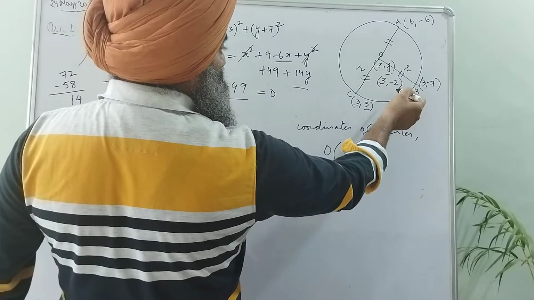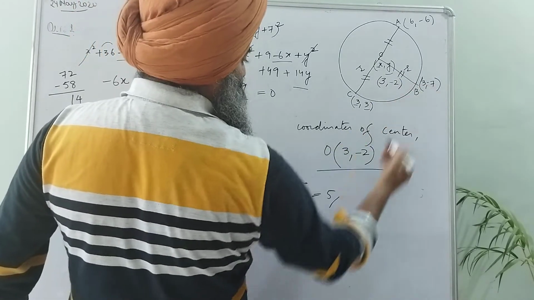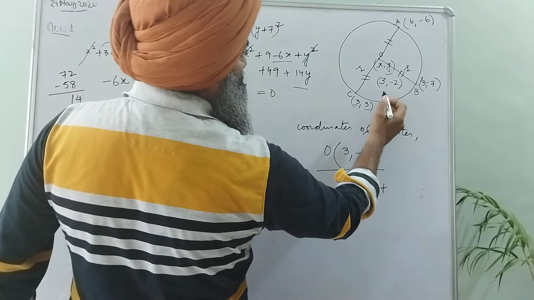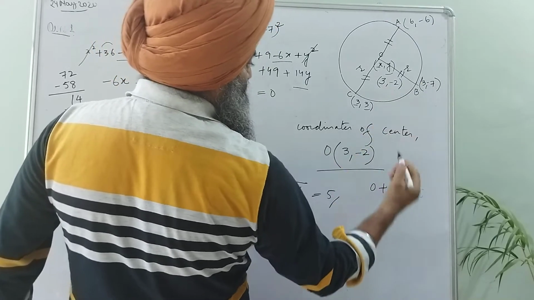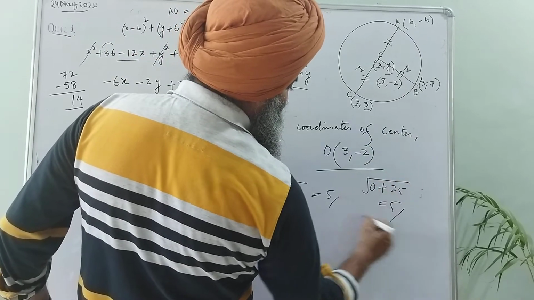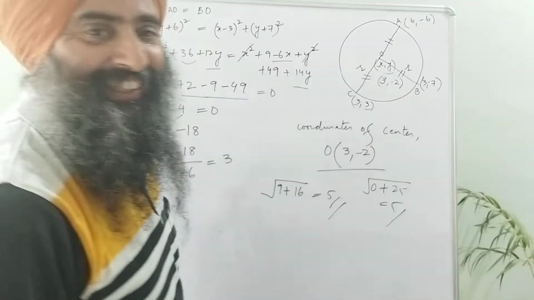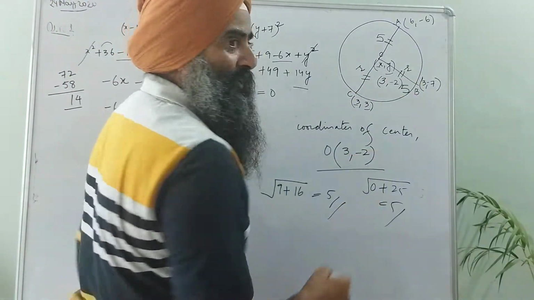Then minus 6 plus 2, 16. What is this distance? 3 minus 3, 0, plus, you can say minus 2 plus 7. Minus 2 plus 7 is 25, whole under root, that is also equal to 5. Our answer is correct. Because this radius is 5, this radius is also 5.